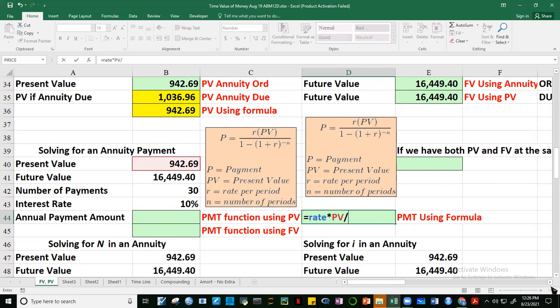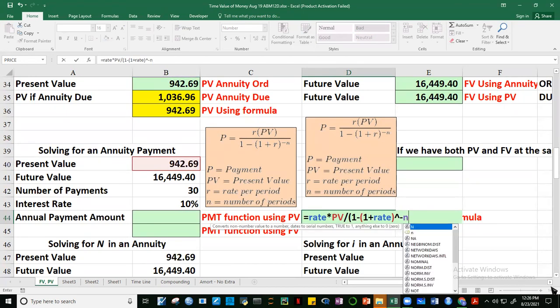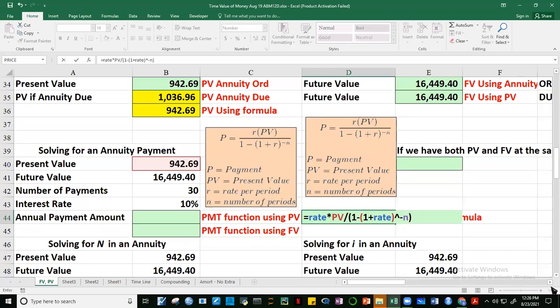Okay, then divided by 1 minus 1 plus the rate, right? Raised to the negative n, small n. Okay, there. That's the formula, no? To compute for the payment P using the present value, the rate, and the n per. Control enter. All right, we get 100.